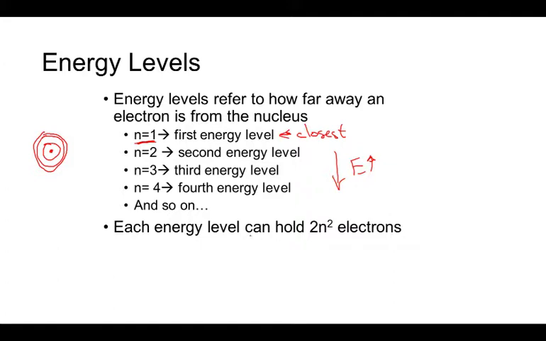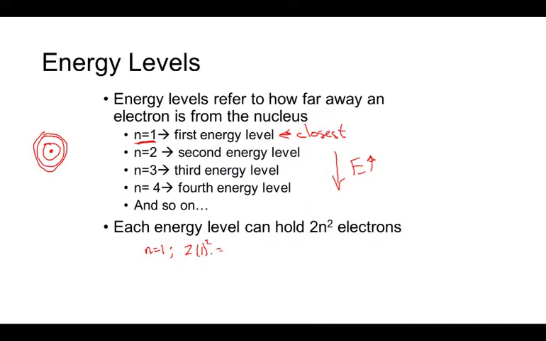Now, each energy level can hold 2n squared electrons, where n is equal to the energy level. So when we're at the first energy level, when n equals 1, our number of electrons equals 2 times 1 squared.